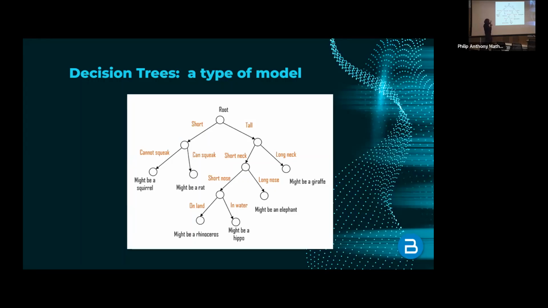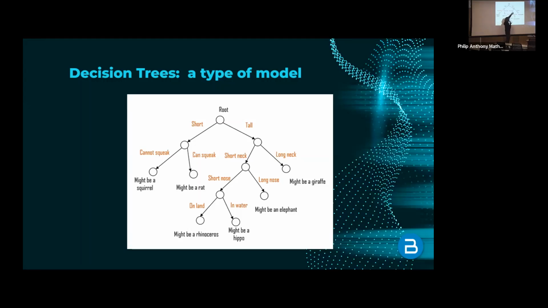Let's say we have a piece of data, and I'm reading off its features. We start at the root node and ask a question about the height column: is the animal short or tall? Let's say it's tall. So we go down to this node because we took the tall branch.